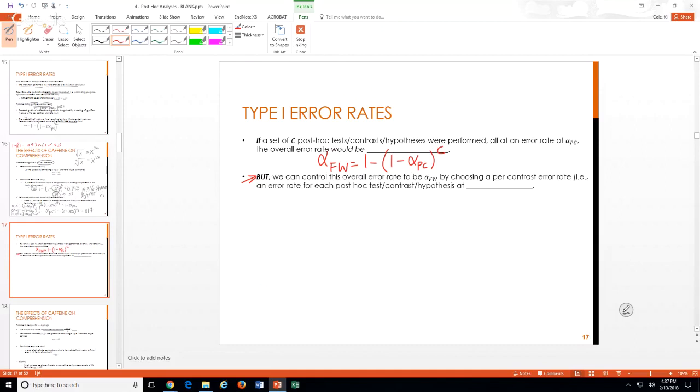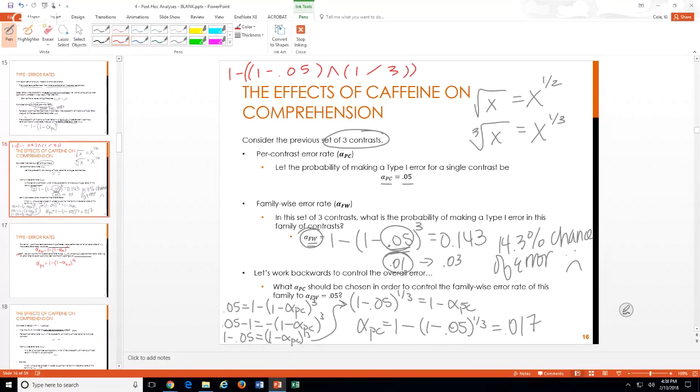So that adjusted formula was alpha per contrast equals 1 minus alpha family-wise to the 1 over C. So there were really close relationships. Even if you go back to this slide, there was a really close look between this one and this one.